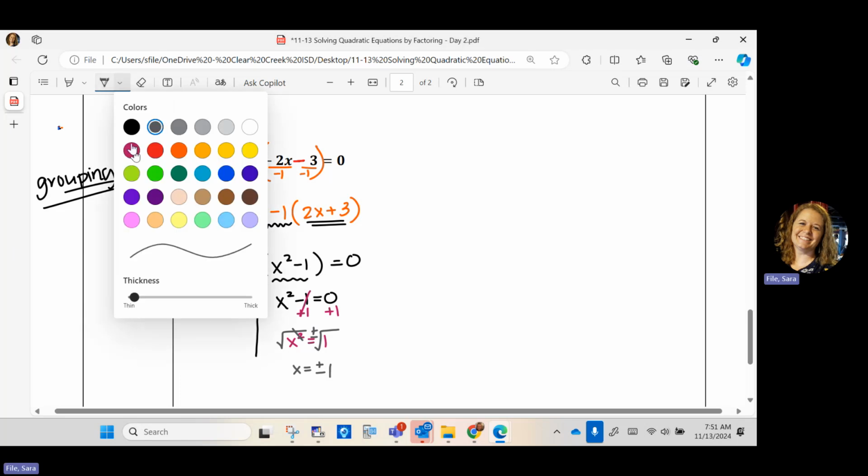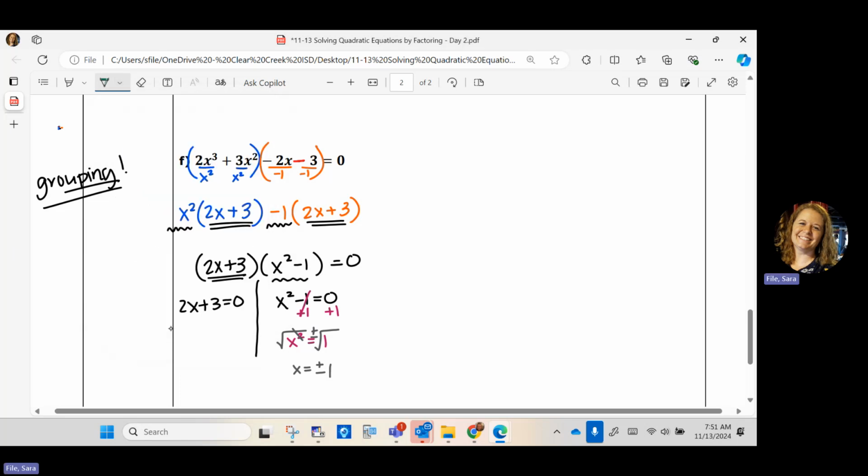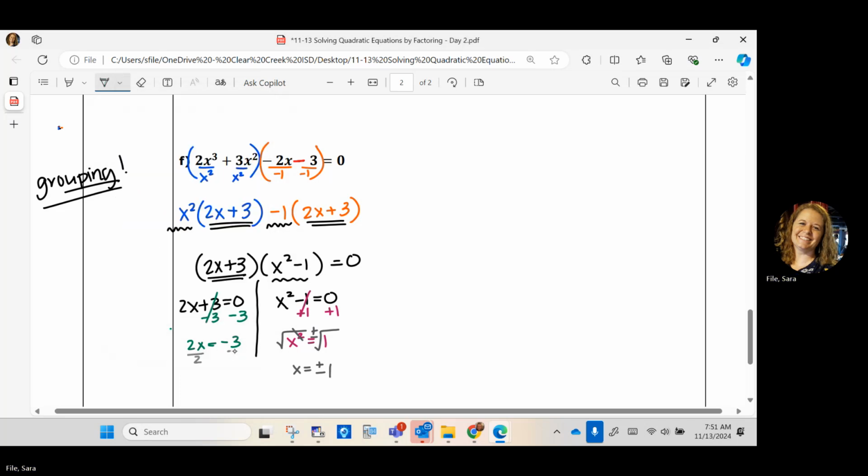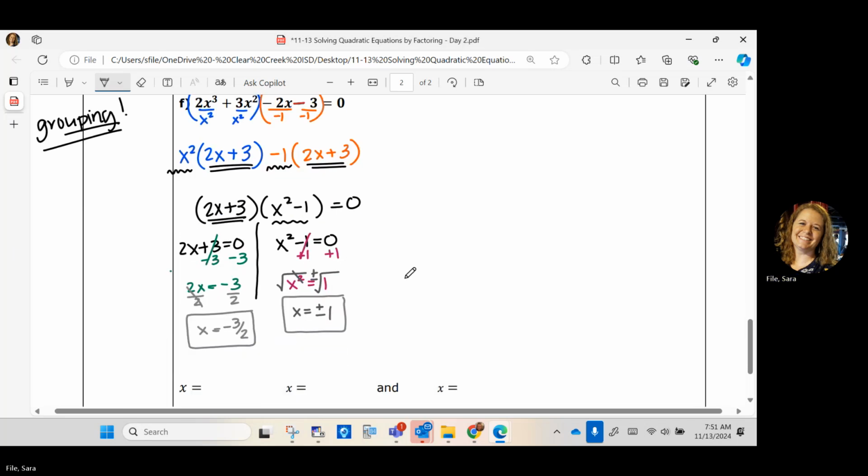And then on the left, when I go to solve this one, I would have to subtract the 3 over, and then divide out the 2. So this one, we get -3 halves, and positive and -1. So there are 3 solutions here: +1, -1, and -3/2. So you could write those out separately down here if you wanted to.